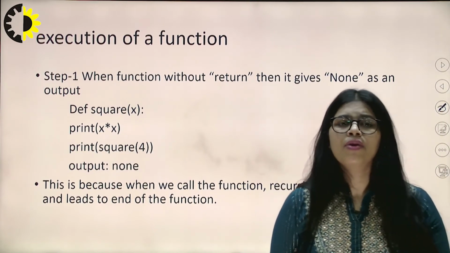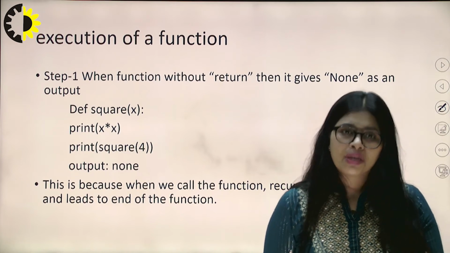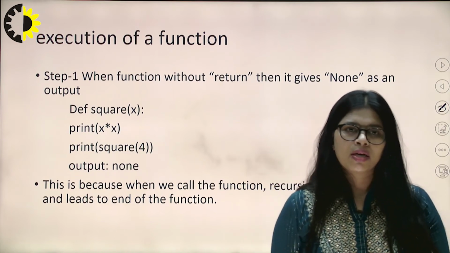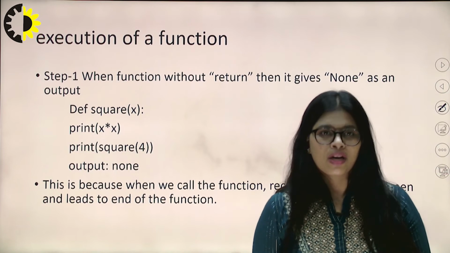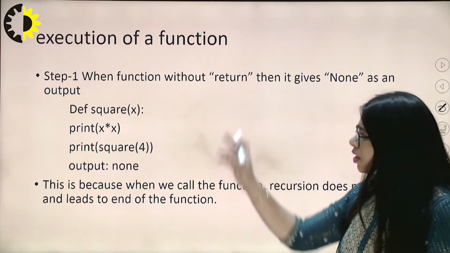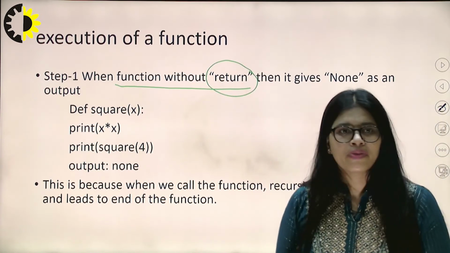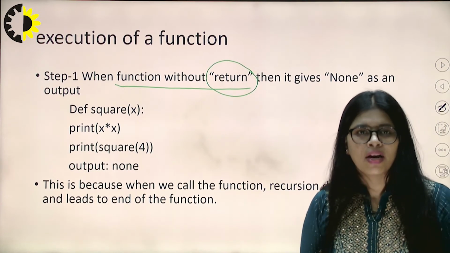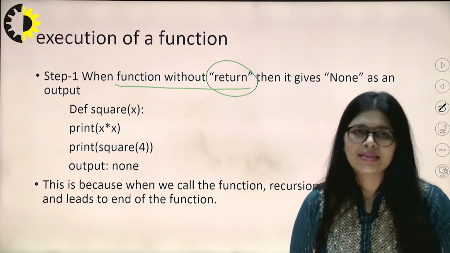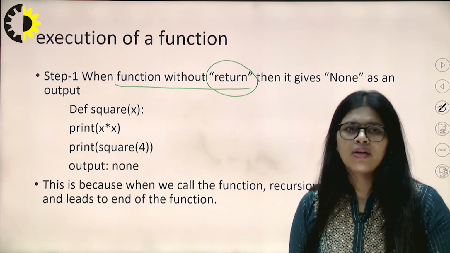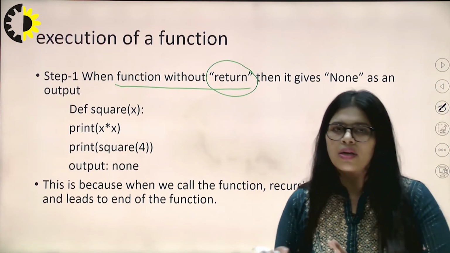First, if we do not use the word return for returning the value, then what kind of value will it give? First, a function without return: a function allows us either to return a value or not to return a value, it will not create a problem.